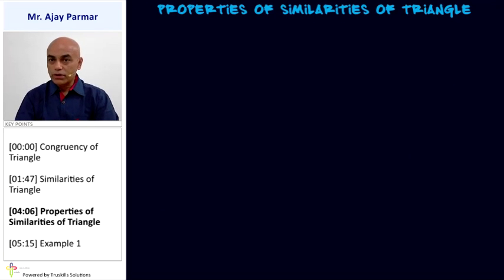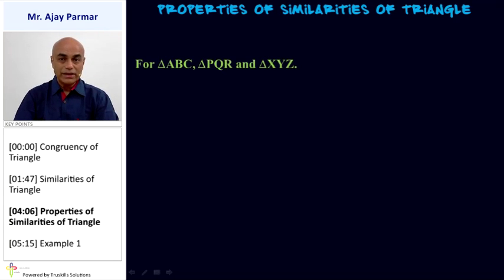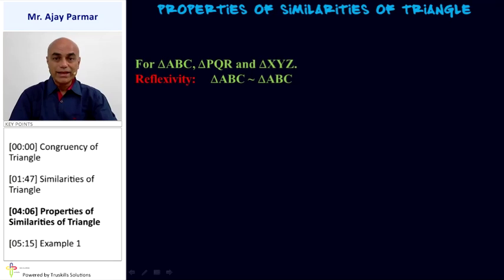So what are the properties of similarity of the triangle? For triangle ABC, triangle PQR and triangle XYZ, the first property is reflexivity, that is triangle ABC ~ triangle ABC, means each and every triangle is similar to itself.